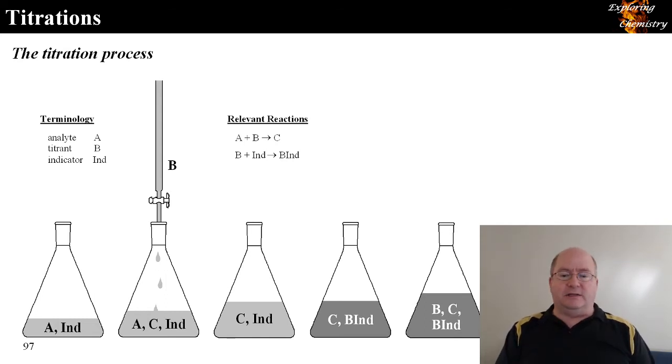I'll tell you what that one's called after you tell me what the third flask is called. What is the state we are in when we've added a stoichiometric amount of analyte and titrant such that they completely cancel each other out, they've all reacted to produce C? Where are we in the titration in that third flask? Anyone?